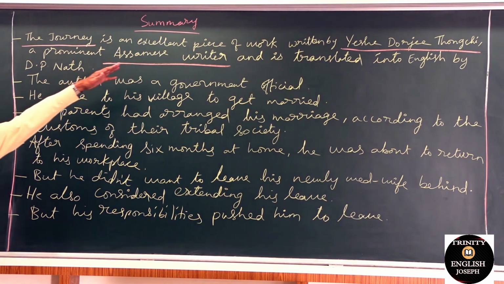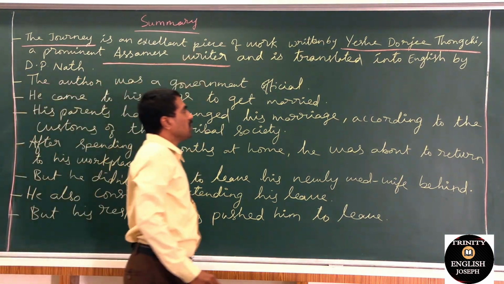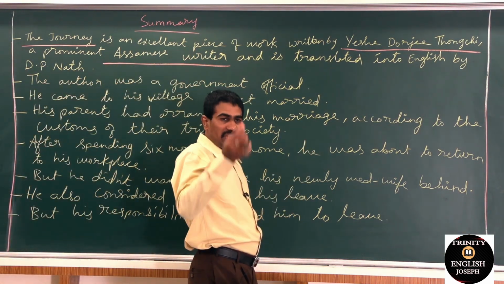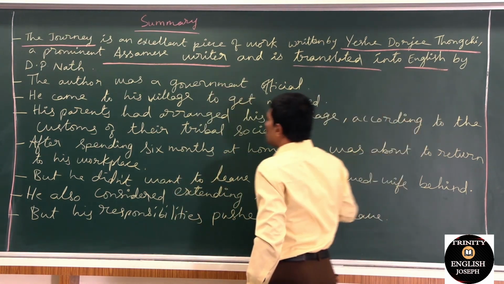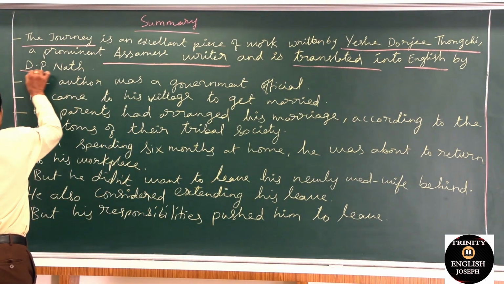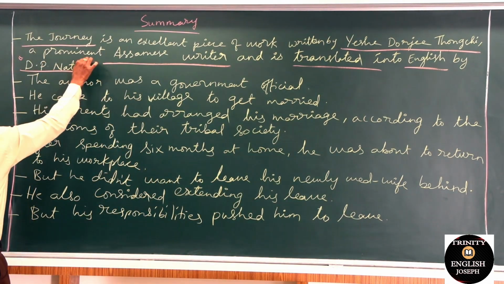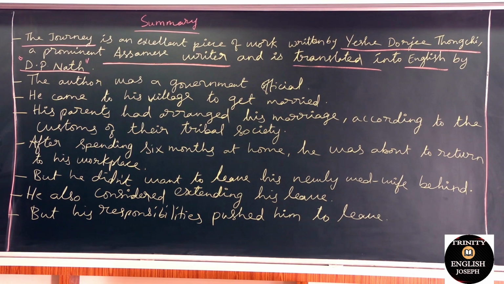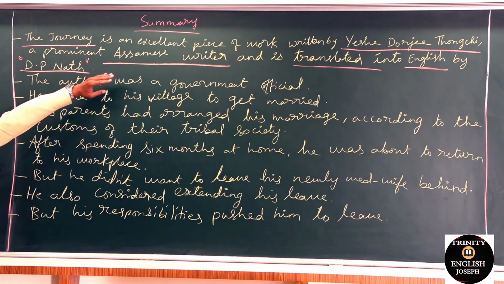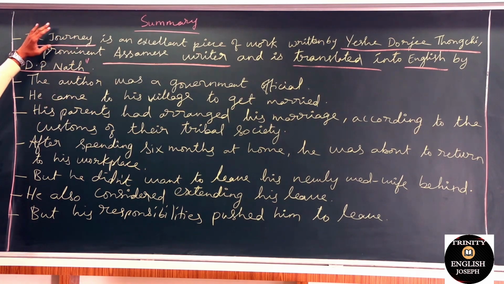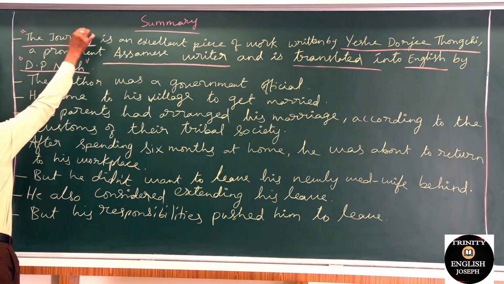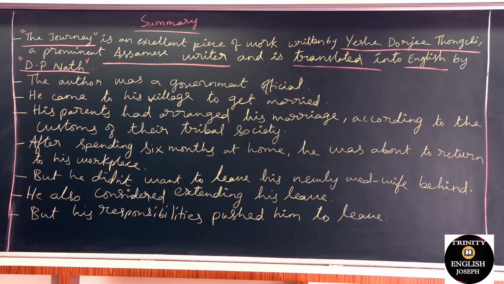He has written in Assamese, and this particular piece was translated into English by a person called D.P. Nath. D.P. Nath has translated this piece of Assamese work into English.